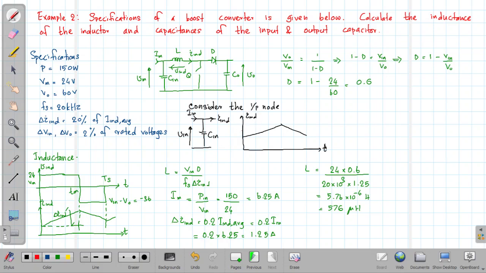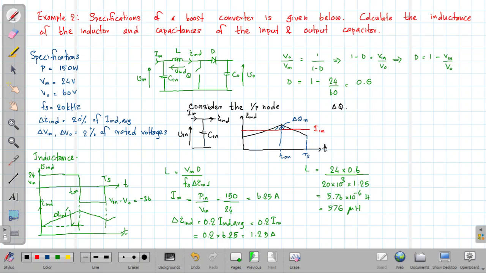Then the average should be I in. So you have this area, this delta Q in, which has to be stored in the capacitor. Here you have TS, and at this point you have T on. Now you can calculate delta Q in.